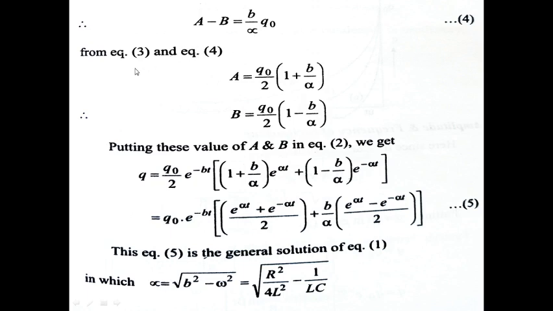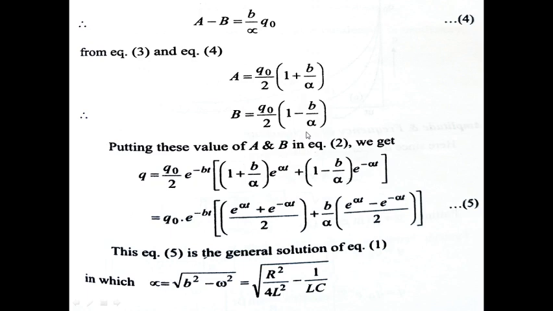Then if we add equations 3 and 4, we get the value of 2a, from which a is equal to q0 by 2 in bracket 1 plus b by alpha. Then subtract equation 4 from equation 3, we get the value of 2b, and from this b is equal to q0 by 2 in bracket 1 minus b by alpha.